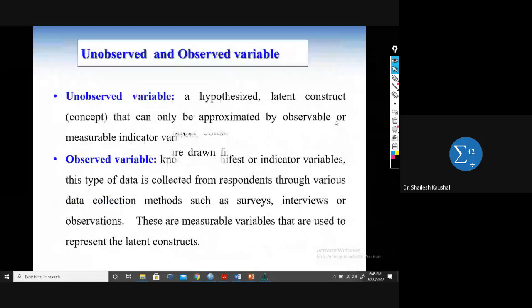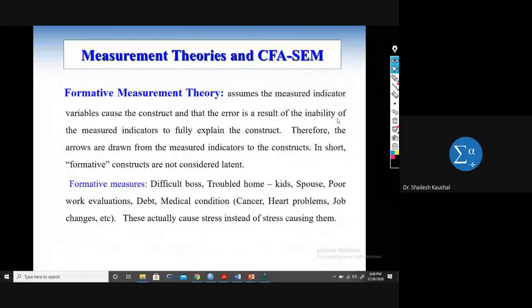Now second is the formative measurement model. Who are the factors giving stress to a particular person? A difficult boss: your boss is not good, so he is influencing your stress.